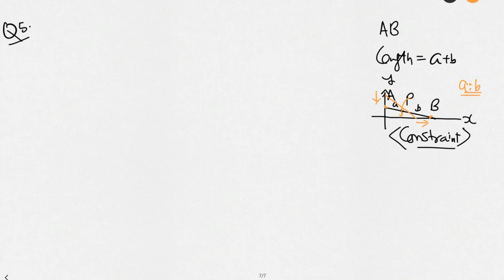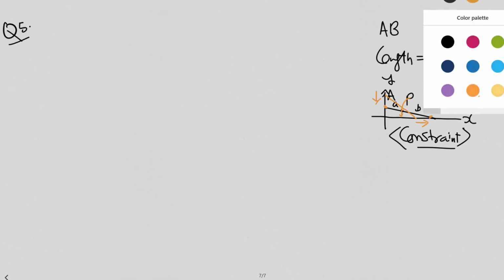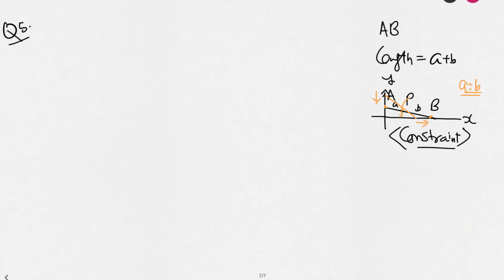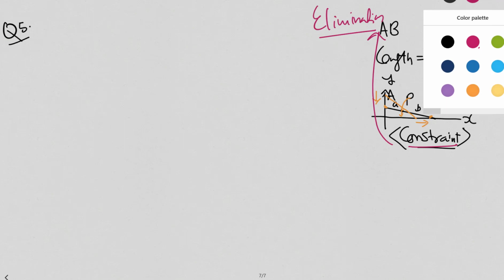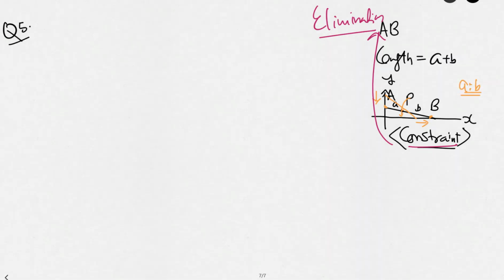In all cases, try to keep the unknown variables as few as possible, because if you take two variables, you need to solve too many equations to eliminate those. Ultimately, locus is all about elimination and thinking how to put things together based on the constraint. That's the locus. So let's put this and try to solve.